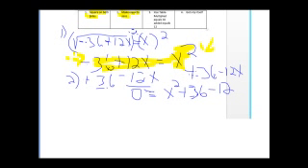Alright, step 3. Use the table: multiplied equals 36, added equals 12. So you're going to use your table. What you're trying to find is the numbers that multiply to give you 36 but that added equal 12.